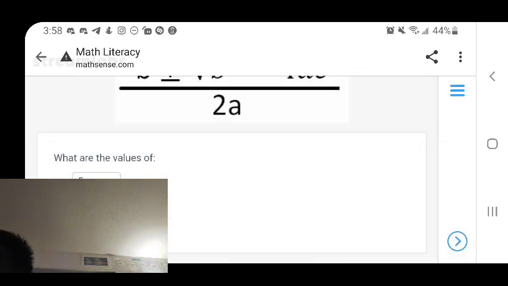Interesting question. Yep, I had the right idea. It's taking me a long time. 10, 5, 2 root 7.